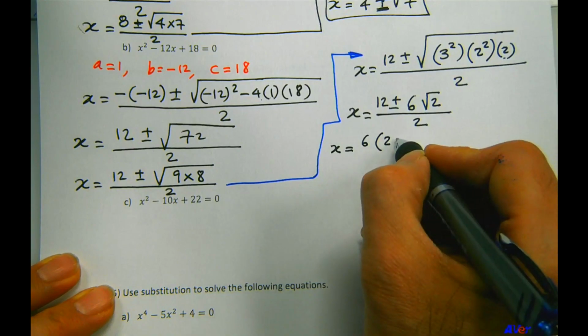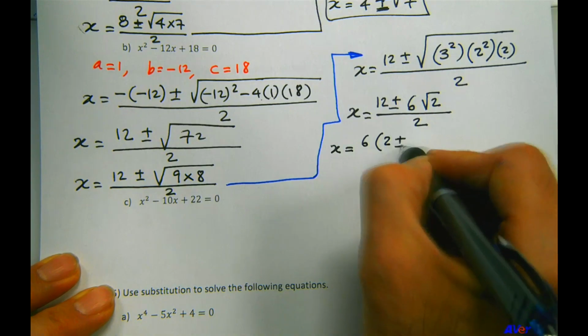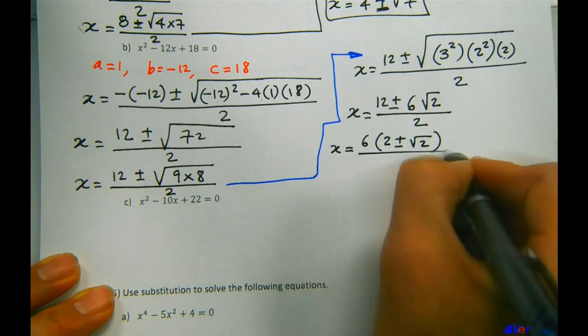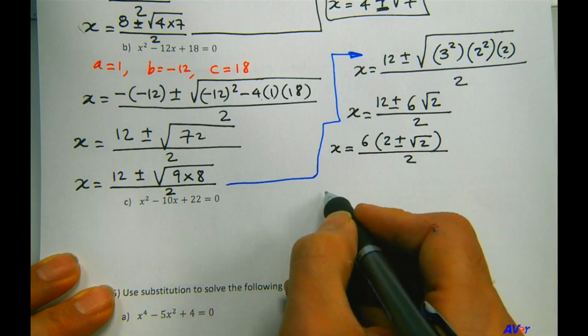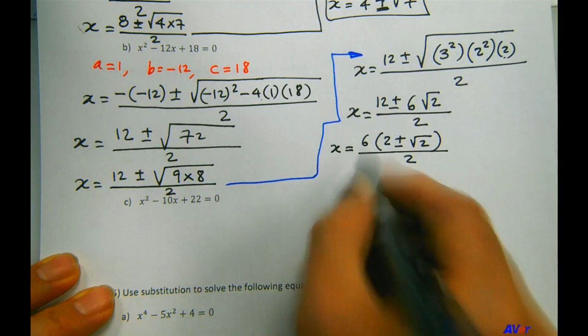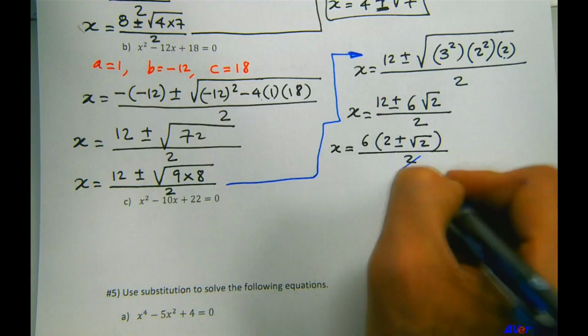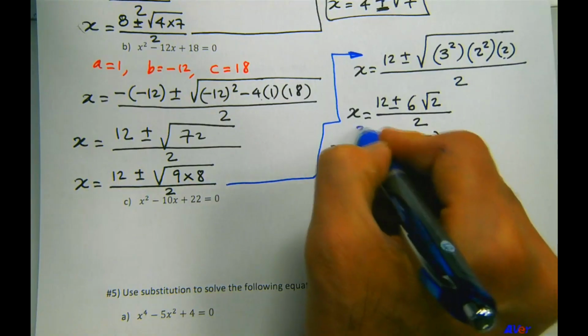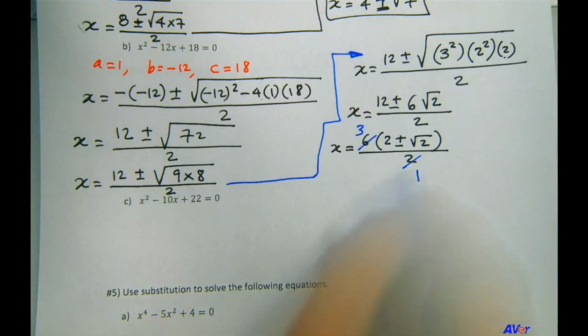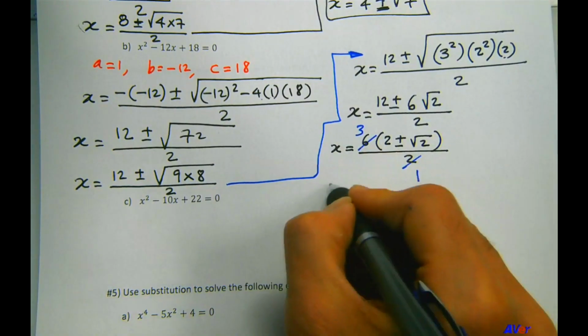And 2 plus or minus square root of 2 divided by 2. And then 2 can drop out, we get 1. And this 6 goes away, we get 3, right? Because 2 is a factor of 6. So then we have x.